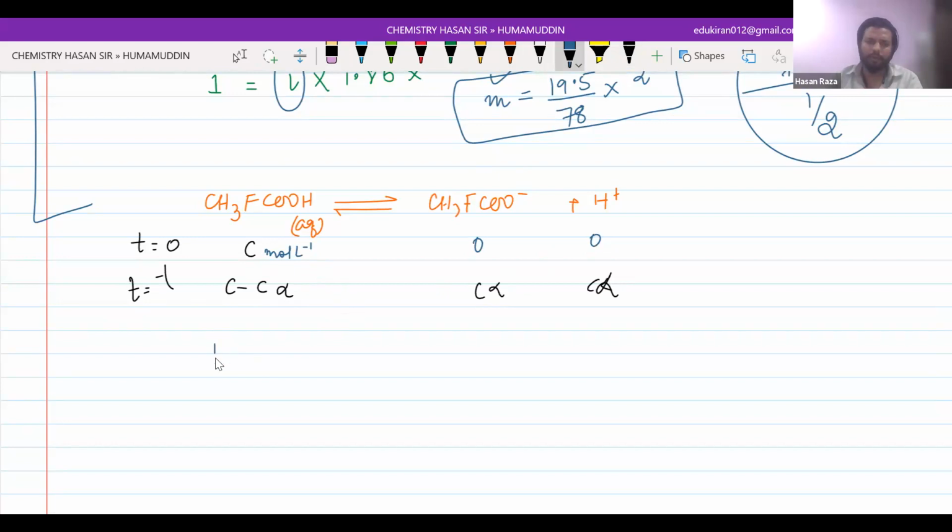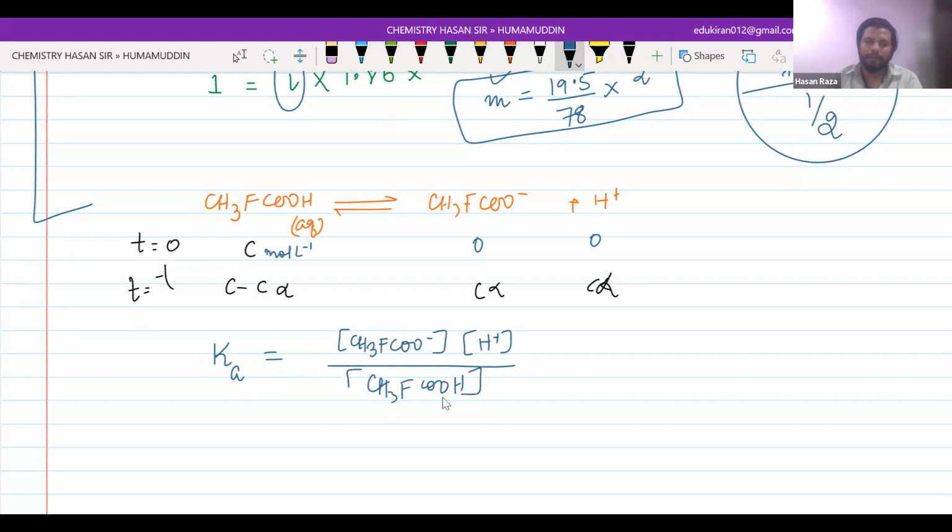You are going to apply the formula for K. K is the equilibrium constant, and since it is an acid, we are going to write this as the acid dissociation constant, Ka, which will be equal to the molarity of CH3COO negative and H plus divided by CH3COOH.